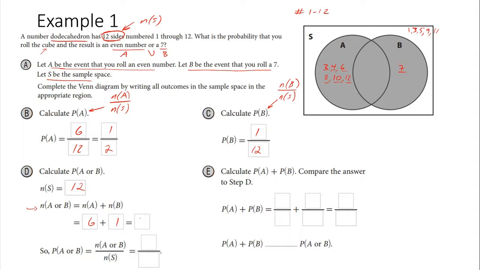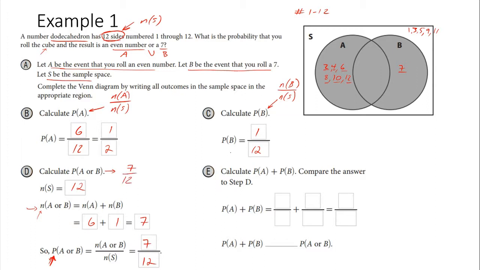Add them together, and there are 7 possible elements that can happen in either A or B. So again, we have 7 that can happen out of our sample set, which is 12. Now we're talking about the probability, not the number of elements. Whenever you see the P there, you should be thinking probability. All right, so the probability of rolling an even or a 7 is 7 out of 12.